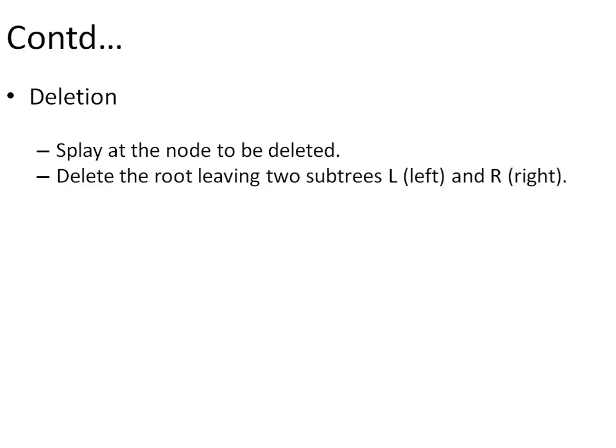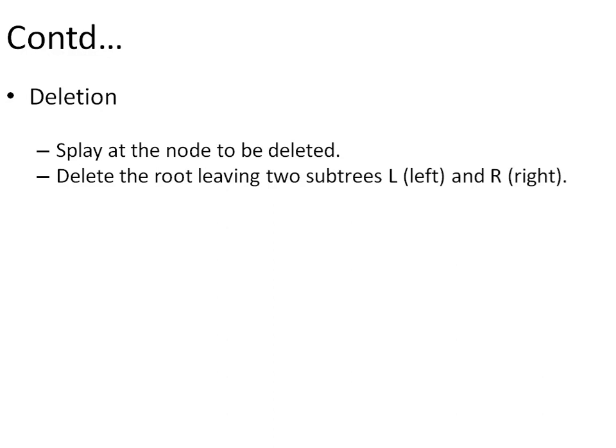Now we have to discuss a simple deletion operation. So deletion operation, again, the process is same. We have to first search for a node. The moment I search for a node, and if the search is successful, the node should be shifted at the root since it is a splay tree.